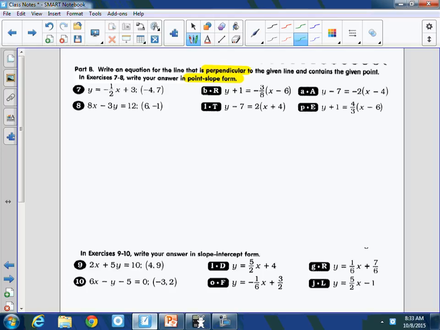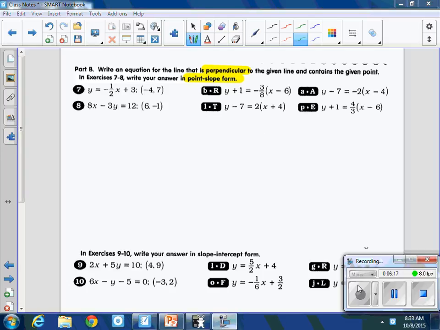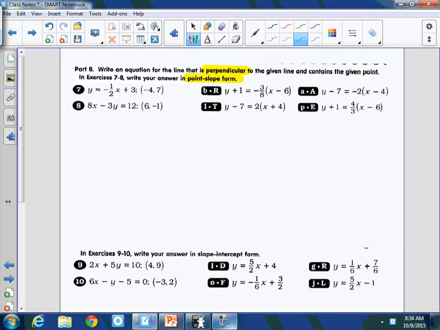Okay, what you have is the actual reference sheet that you will be using. Go ahead and do this. So in order to come up with a line in point slope form, I'm going to go ahead and look on my yellow paper for what that form is.